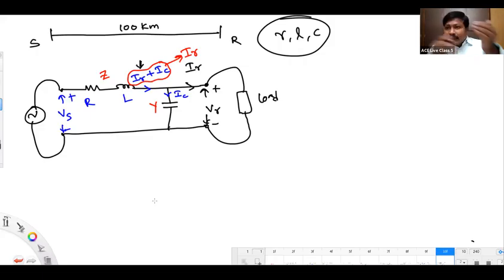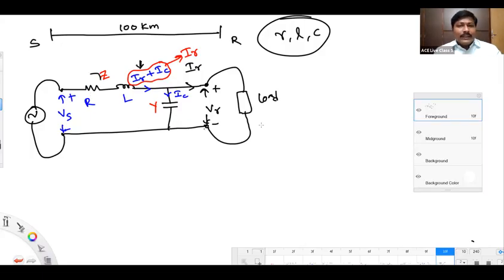Multiply these numbers with the length of the line. I will get total resistance, total inductance, and total capacitance for 100 kilometers. The total resistance, we will keep at only one place in the circuit.